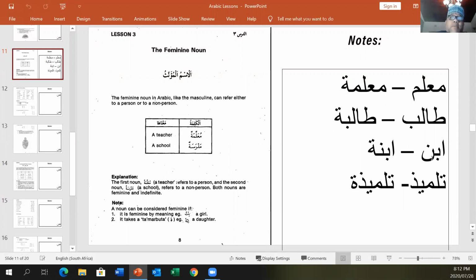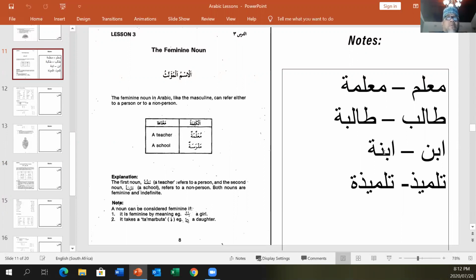And just to refresh our minds, we had ibnun, which is a son, but if you want to say a daughter, then it will be ibnatun.